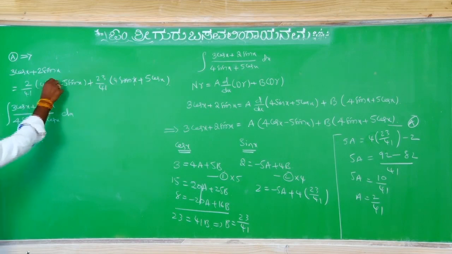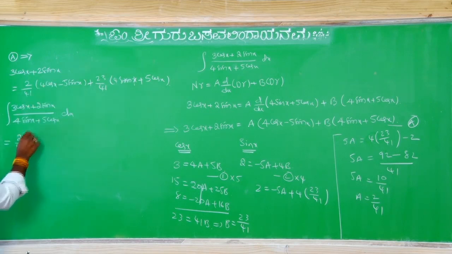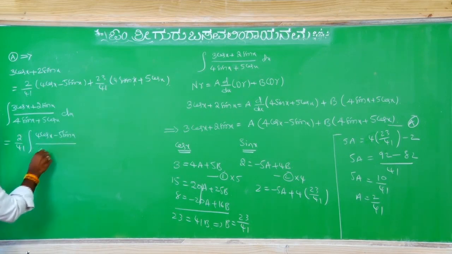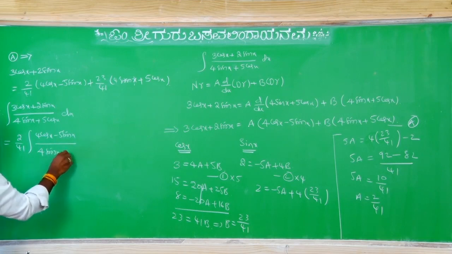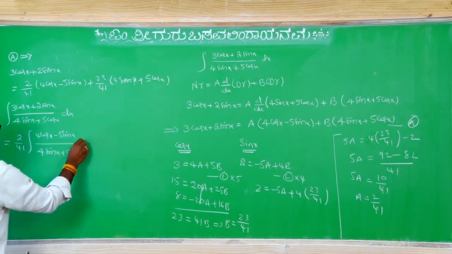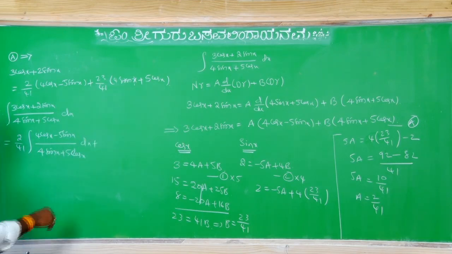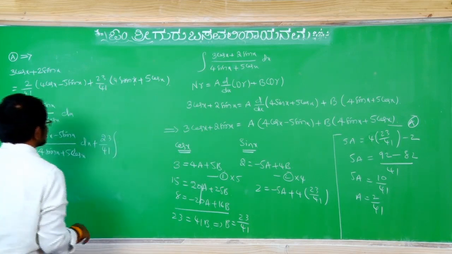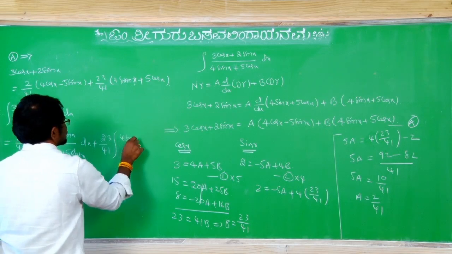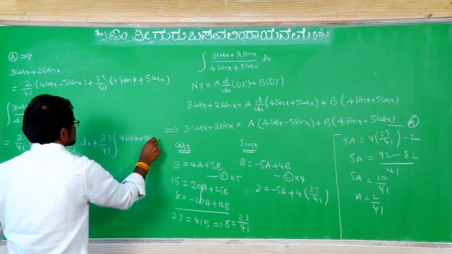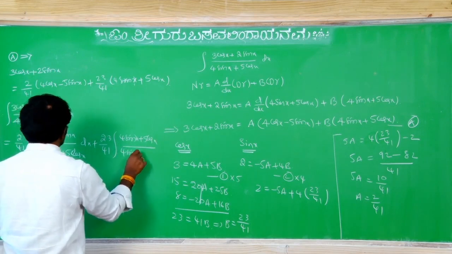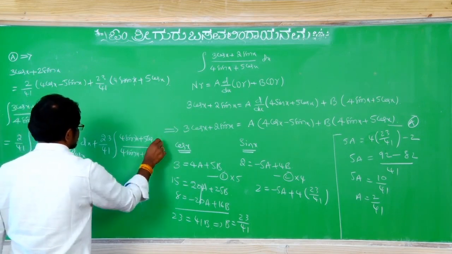So in place of this one, you have to substitute 2 by 41 integration of (4 cos x minus 5 sin x) divided by (4 sin x plus 5 cos x) dx, plus 23 by 41 integration of (4 sin x plus 5 cos x) divided by (4 sin x plus 5 cos x) dx.